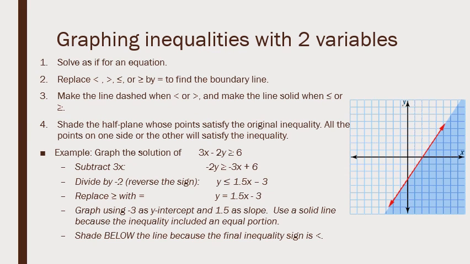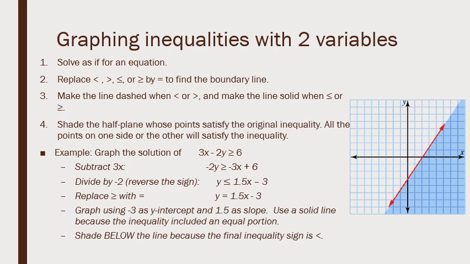Now, most of your time in this unit, you've talked about graphing inequalities with 2 variables, and that means we're going to be using the coordinate plane. You're still using the same techniques. You're going to solve just as if it was an equation. Just replace those less than or equal inequality signs with an equal sign so that you can find out the exact line that is the division between the shaded area where everything's a solution and the unshaded area where nothing is a solution.